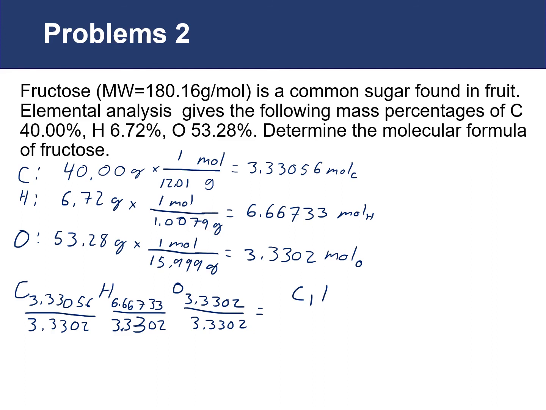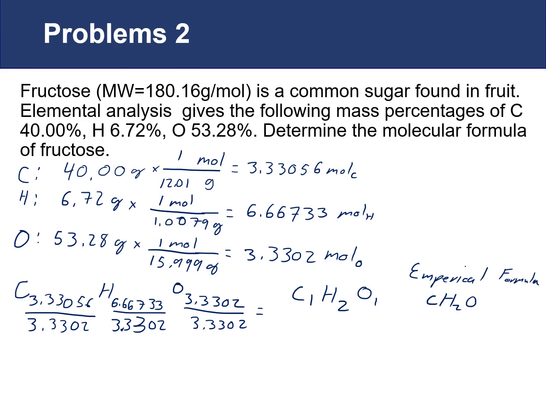For our value for our hydrogen, that is pretty close to 2, and for the oxygen, this would also be 1. So our empirical formula would be CH2O.